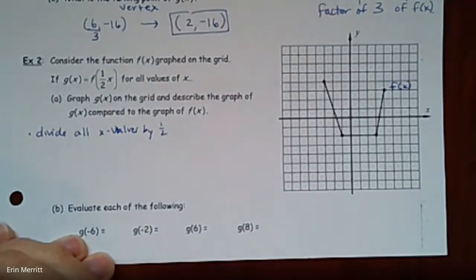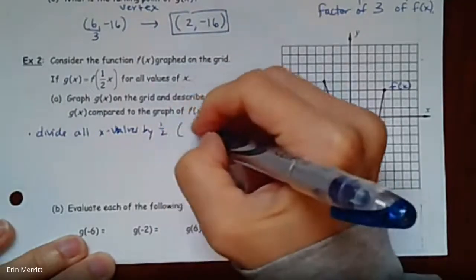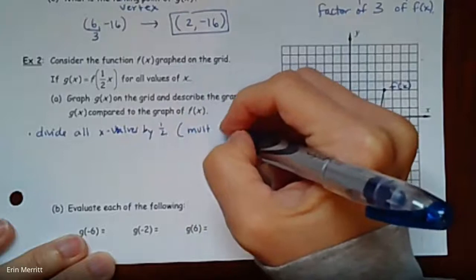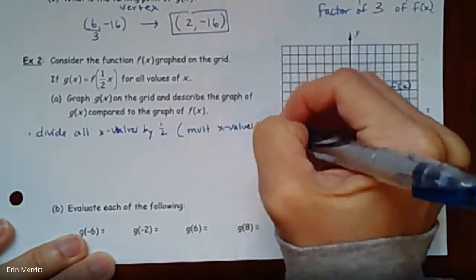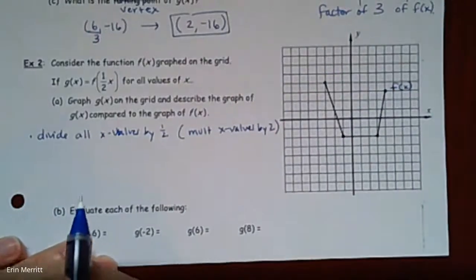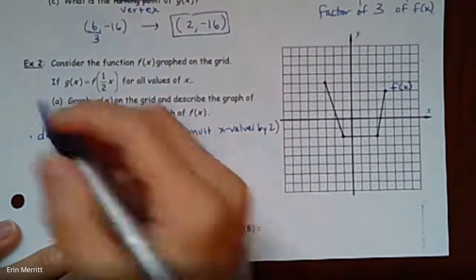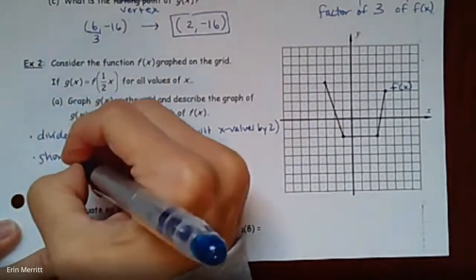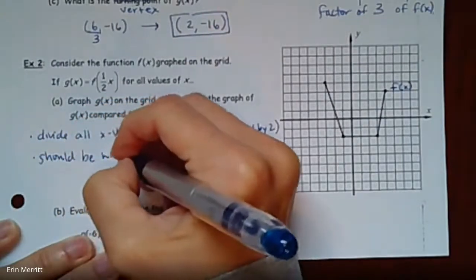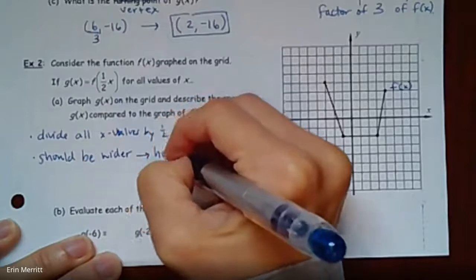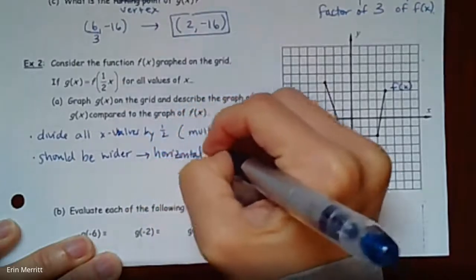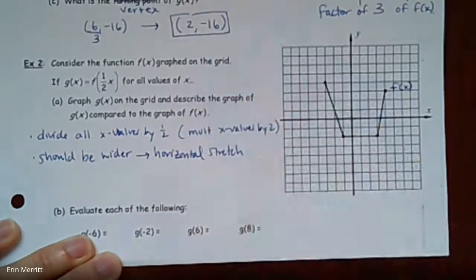But if you divide something by 1/2, that's the same as actually multiplying it by 2. So with that being said, the graph should be wider horizontally. So it's a horizontal stretch. All right, let's make that happen.